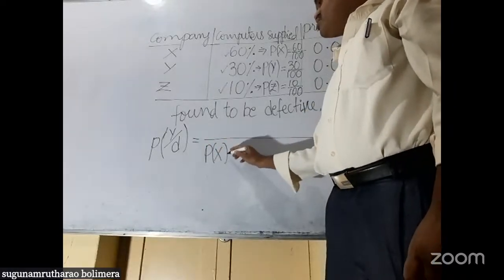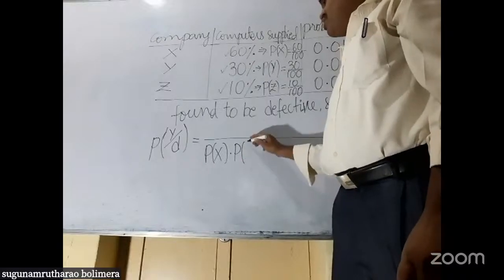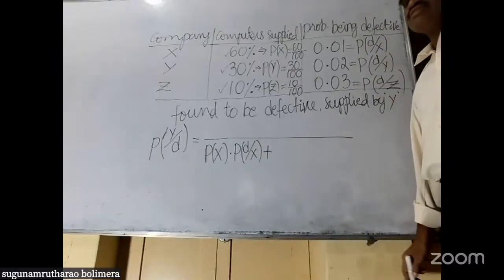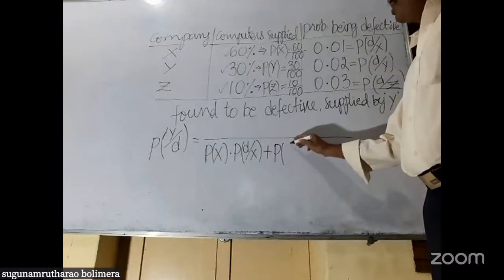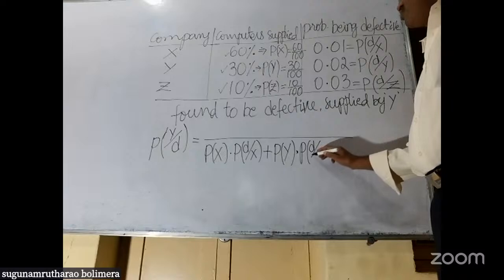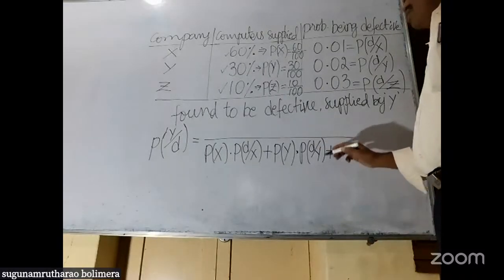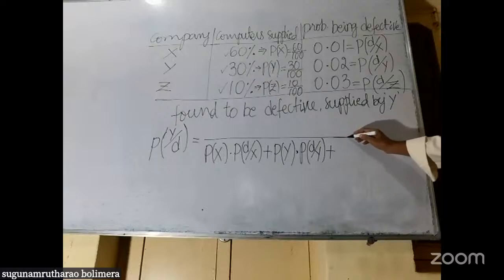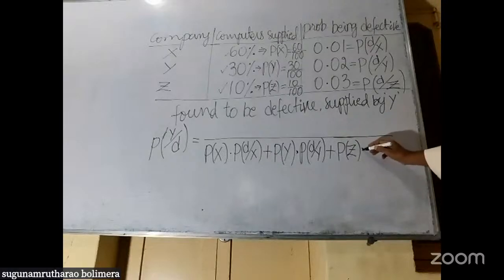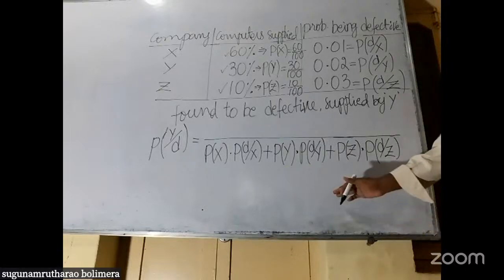P of X into P of defective from X, or plus, P of Y into P of defective from Y, or plus, P of Z into P of defective from Z. These are the exhaustive events.